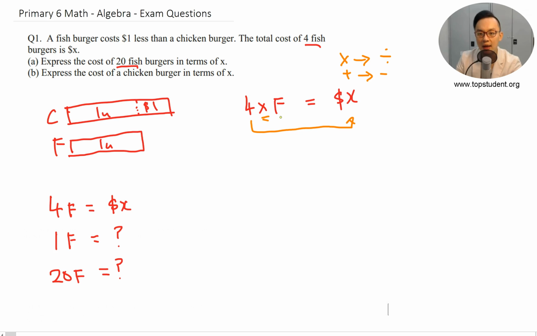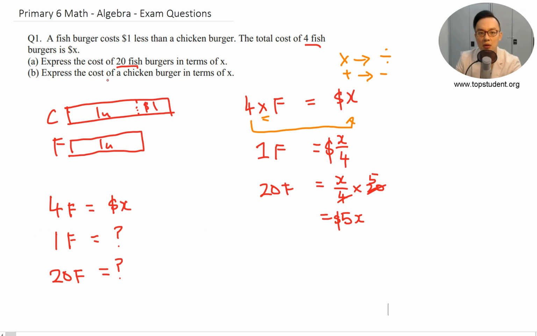So fish becomes X divided by 4. That's 1 fish burger. Then I need to times 20. So 20 fish burgers is X divided by 4 times 20; I cancel off and get 5, so it's 5X dollars. That's how you do question A.